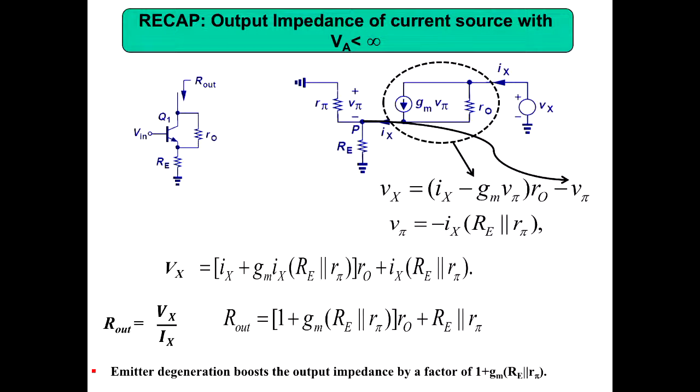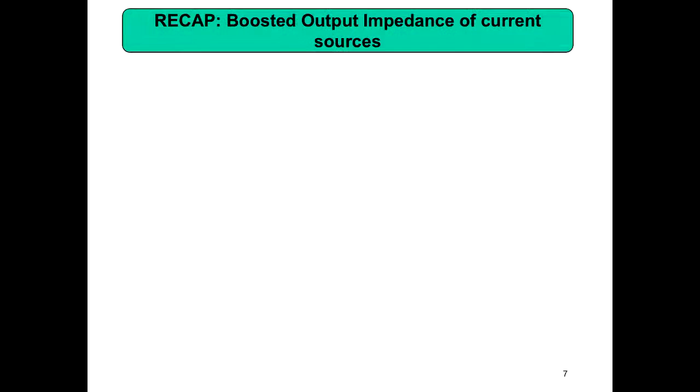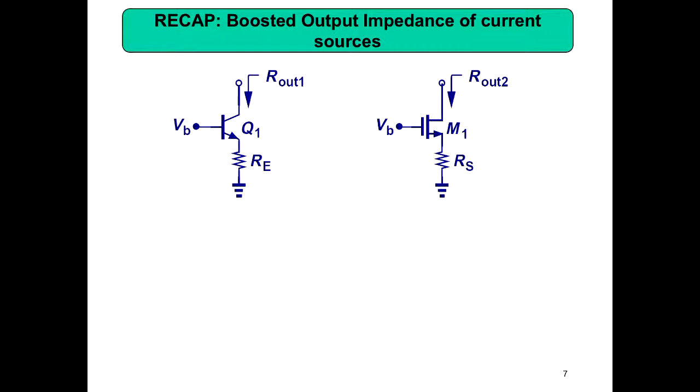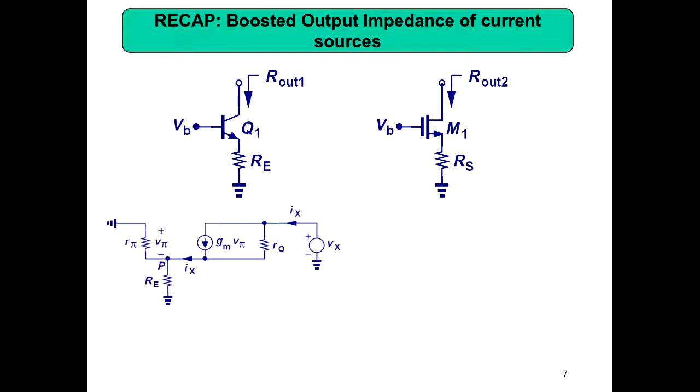Emitter degeneration boosts the output impedance by a factor of 1 plus Gm into Re parallel R pi. Whatever we do with BJT, we can do with MOS. So R out 1 is equal to 1 plus Gm Re parallel R pi, into Ro plus Re parallel R pi. Then for MOS, what is the difference? Put R pi equal to infinity.